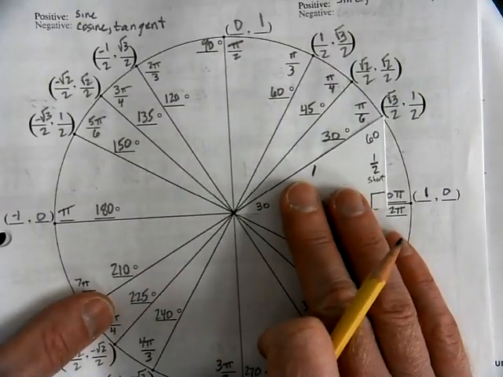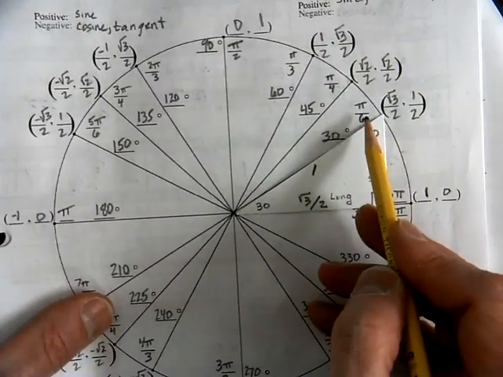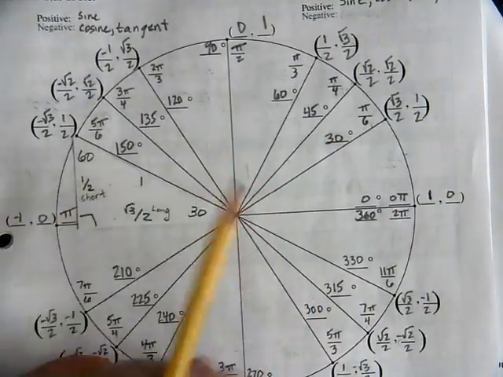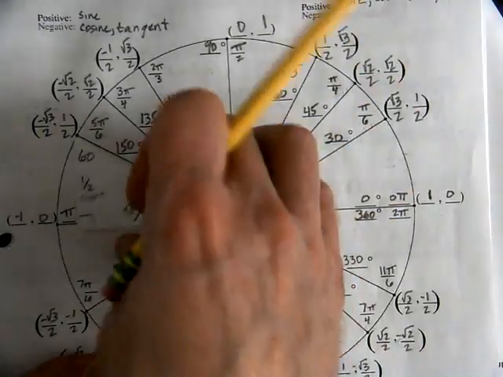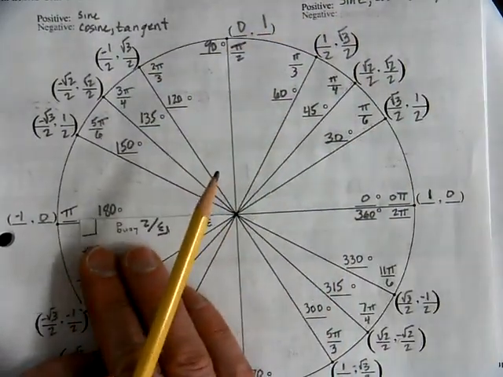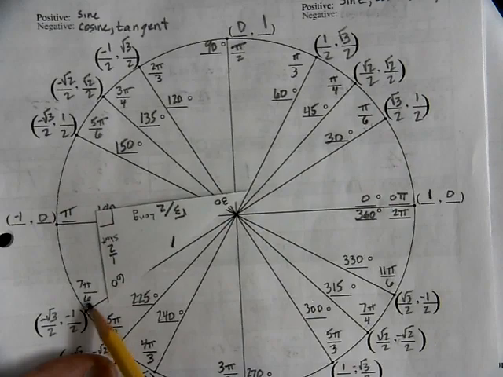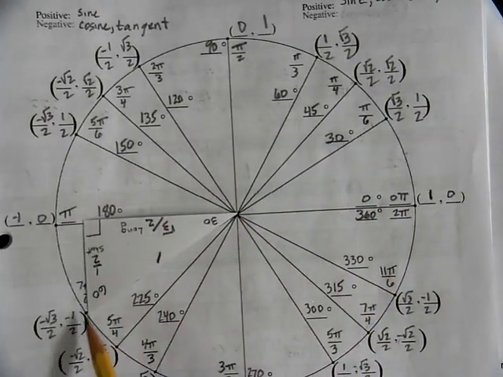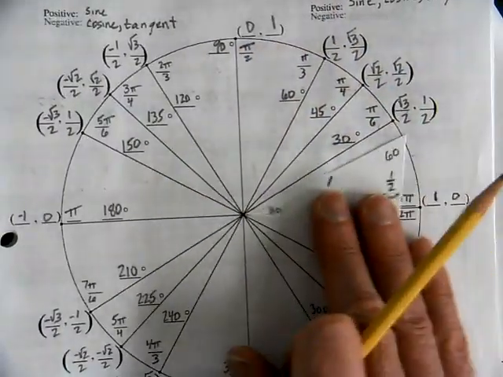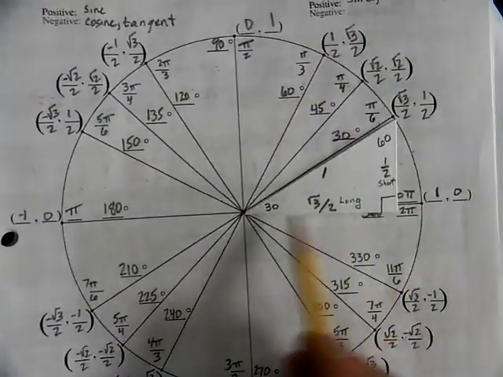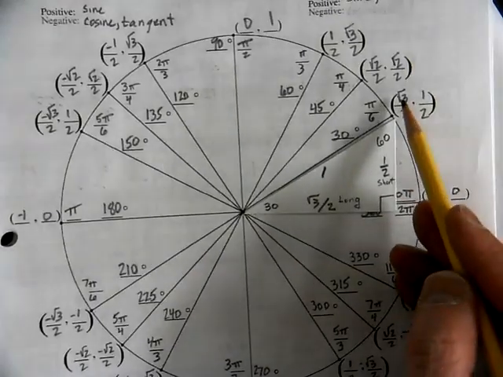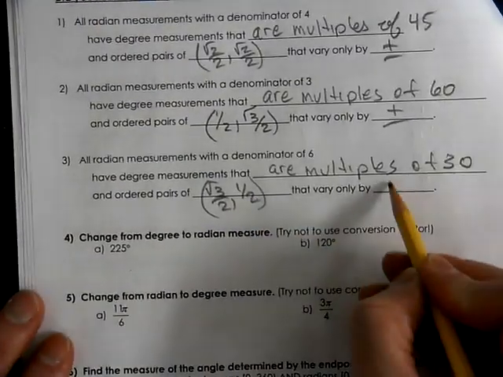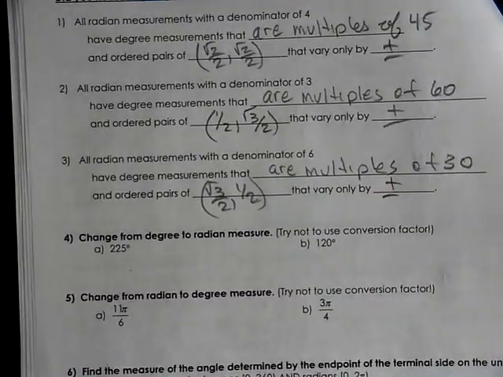Multiples of 30 are all denominators of 6. 30 degrees away from the x-axis has a denominator of 6. And they're all long, short. Long for the x, short for the y, root 3 over 2, comma, half. The only thing that changes is their plus or minus.